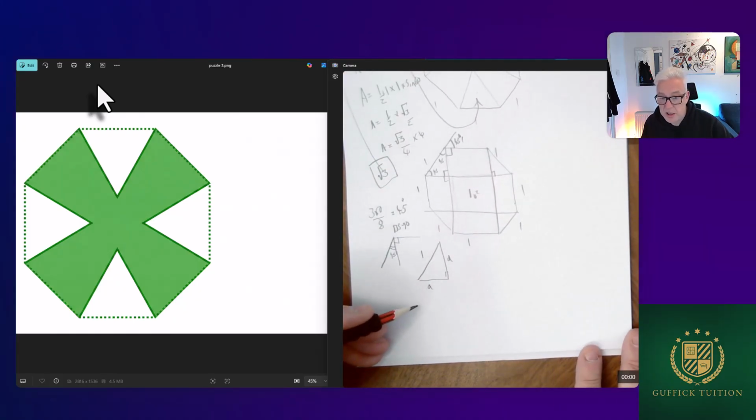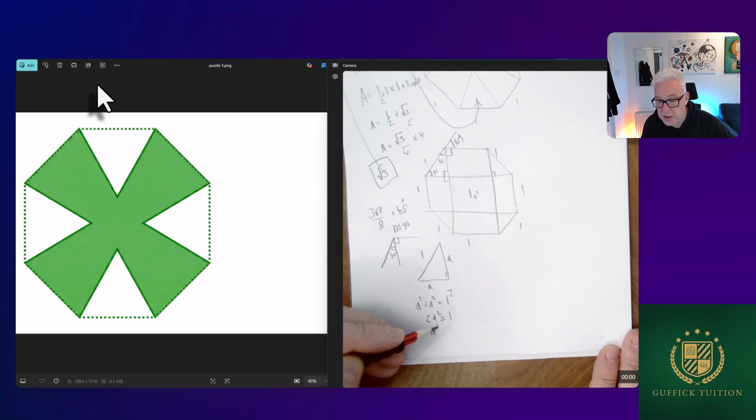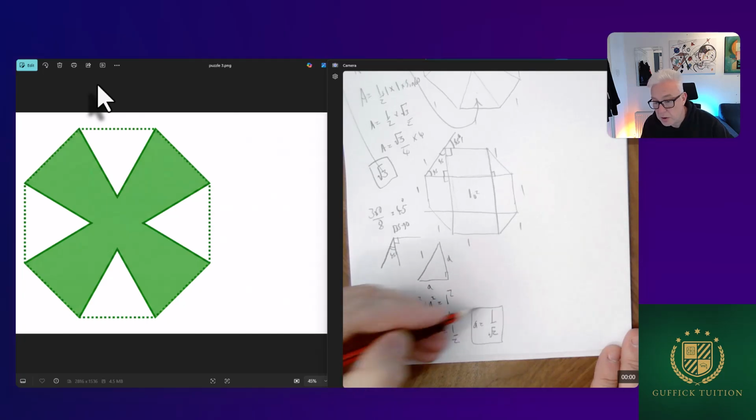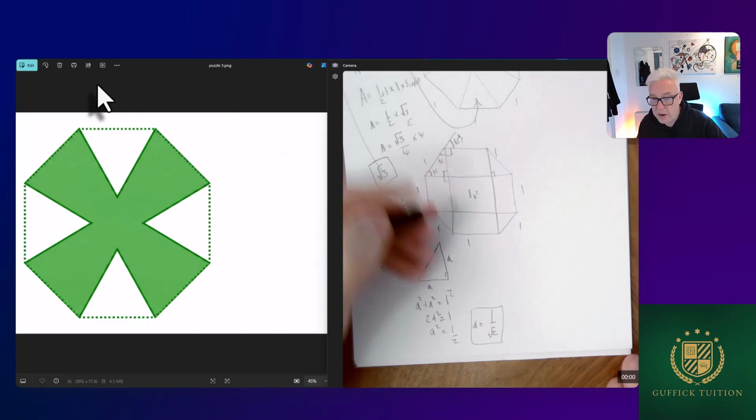So A squared add A squared is equal to 1 squared. So 2A squared is 1, A squared is 1 over 2, so A is equal to 1 over root 2. Now we can find the area of one of those triangles.